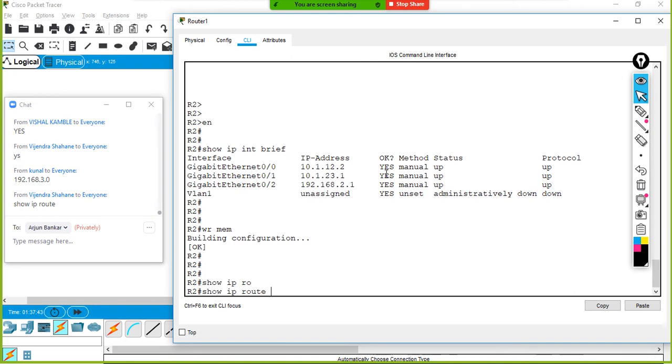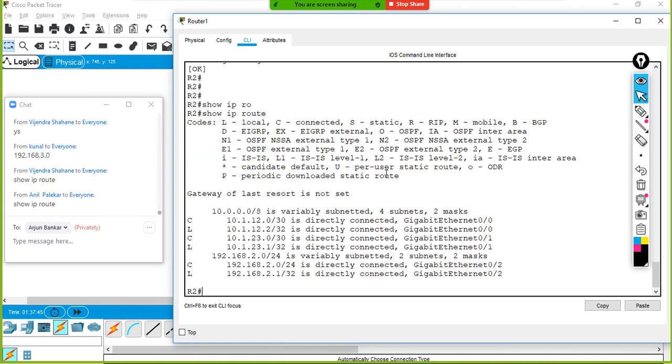Show IP route. See here, this router is saying that I know the 10.1.12.0 network, I know the 10.1.23.0 network, and I know the 192.168.2.0 network. Right? And what are the unknown networks? Quickly, can you please type for me? Wow, super.